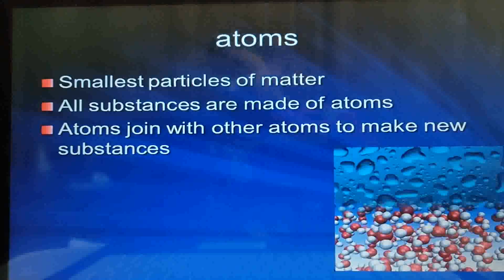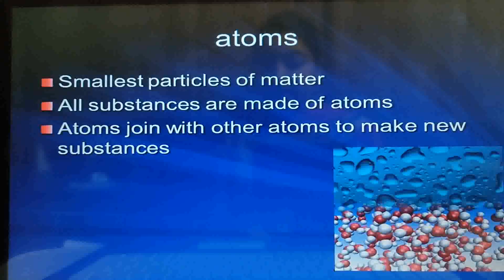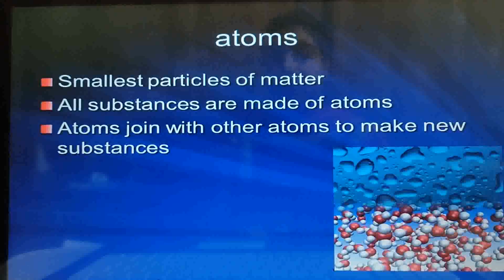All the substances in this world are made up of atoms. And atoms join together with other atoms to make new substances. So atoms combine to form molecules and molecules combine to form matter.